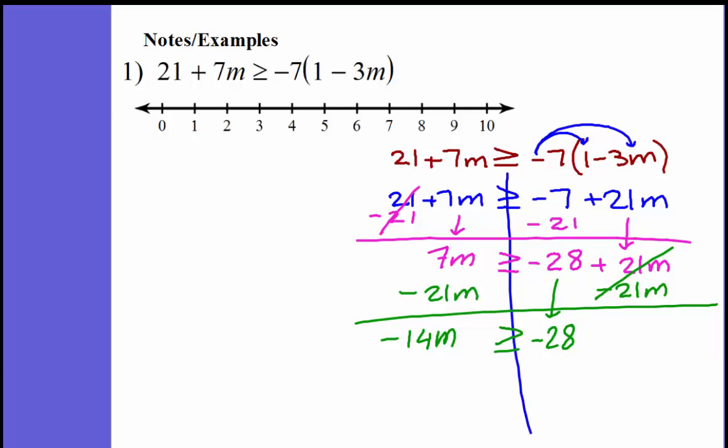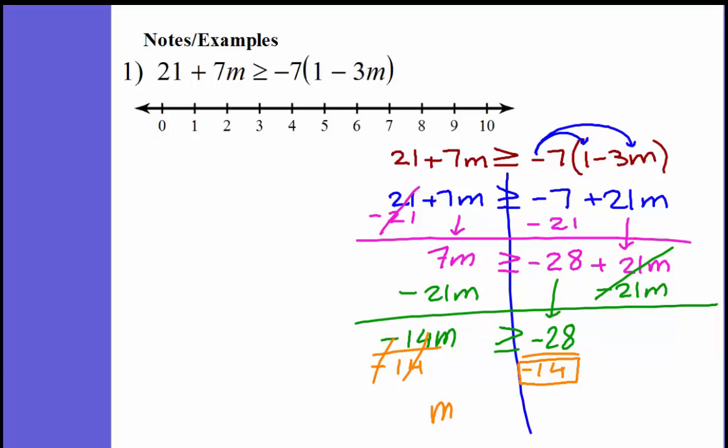Last step, divide by the number in front of the m, which is negative 14. Very, very important: whenever you divide or multiply by a negative value, the inequality symbol flips around.